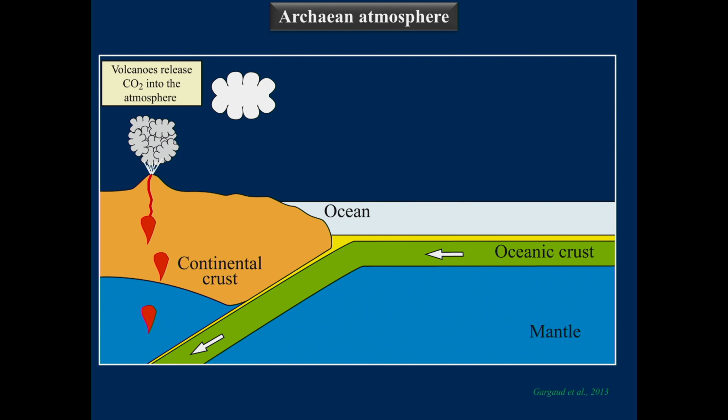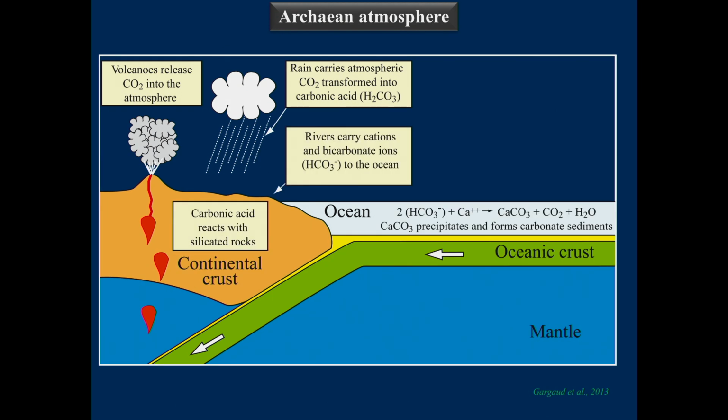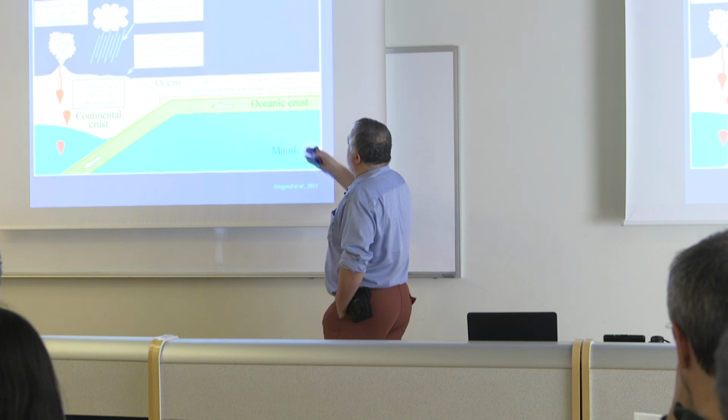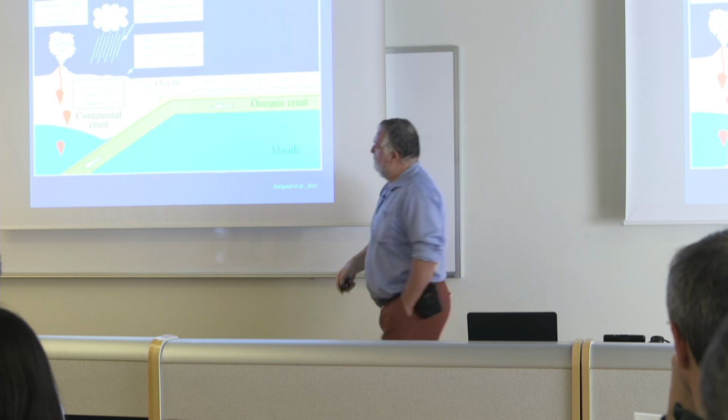Of course, CO2 can be released by volcanoes. Rain carries some water and carbonic acid to a continent. So they react with the continental crust, go to the ocean, and precipitate to form carbonate sediments. And these carbonate sediments are some kind of extraction of CO2 from the atmosphere to the rocks, and part of this can be recycled to the mantle through subduction.